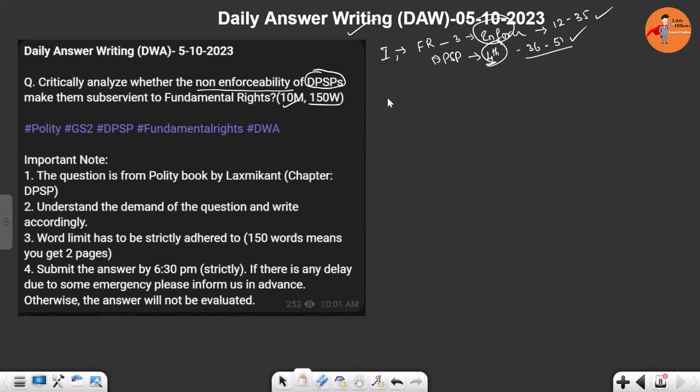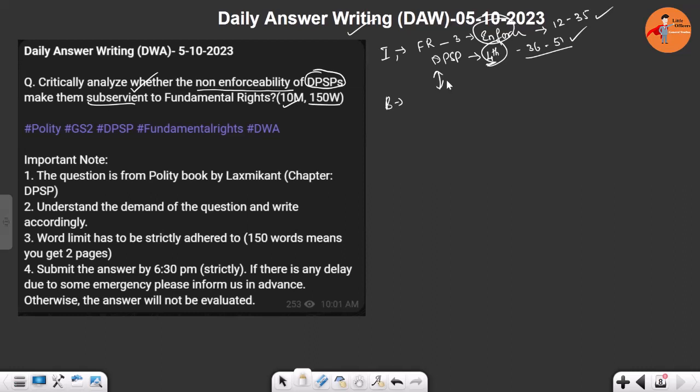Then you can go into the body of the answer, where we need to address whether DPSP is subservient, that is lower in degree than the fundamental rights. In the body, you can connect the introduction by saying that the tussle between fundamental rights and DPSP dates back a long time.